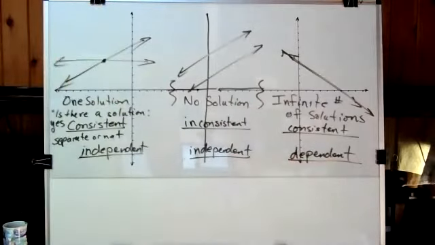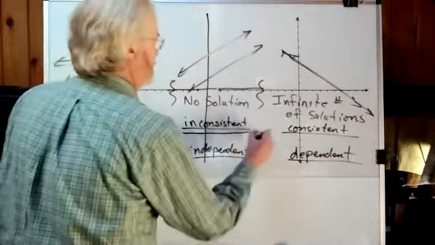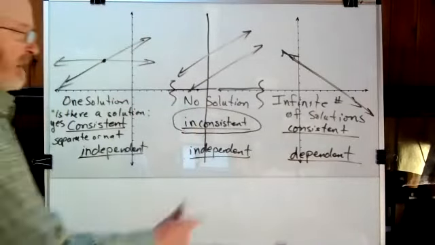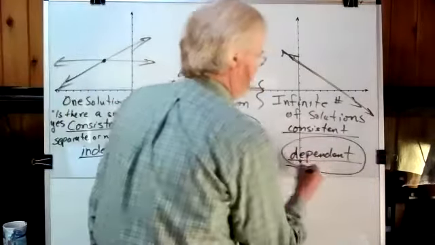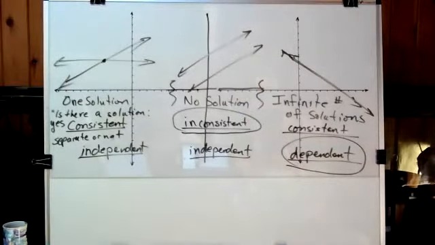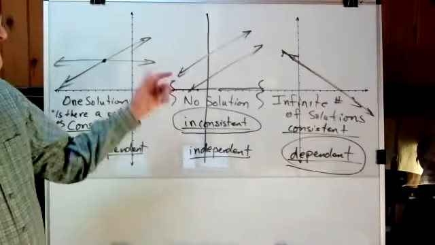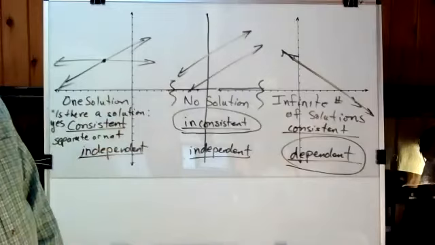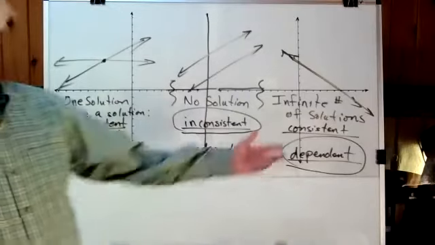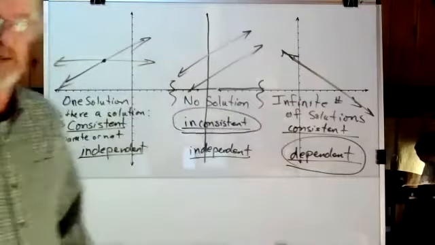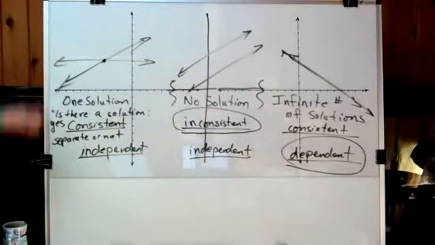But if you can recognize that, oh, that one's the weird one, it's inconsistent. And that one's the weird one, it's dependent. Sometimes that'll just get you by, as some places I have seen only ask you to decide whether it's inconsistent or dependent. Well, there are always these two conditions that you could use to describe them.